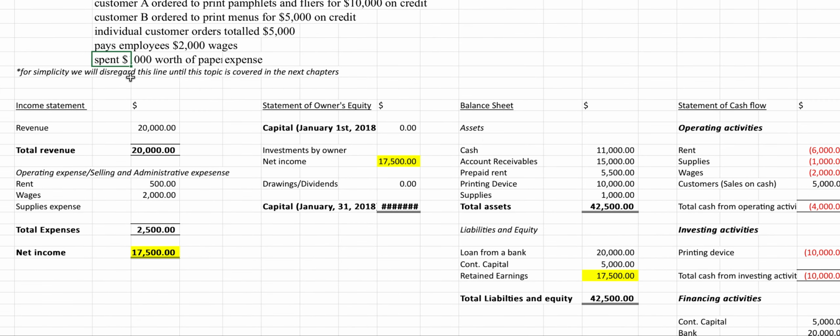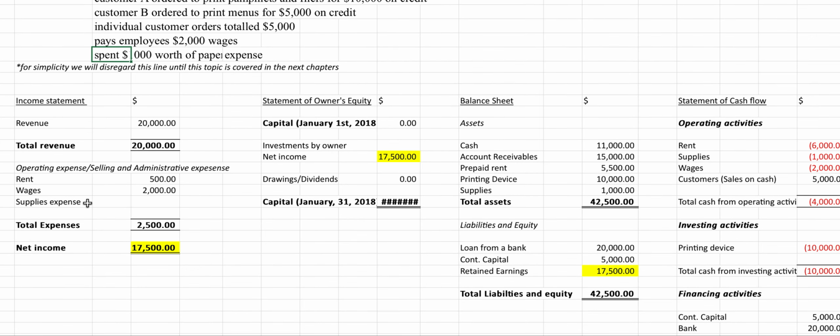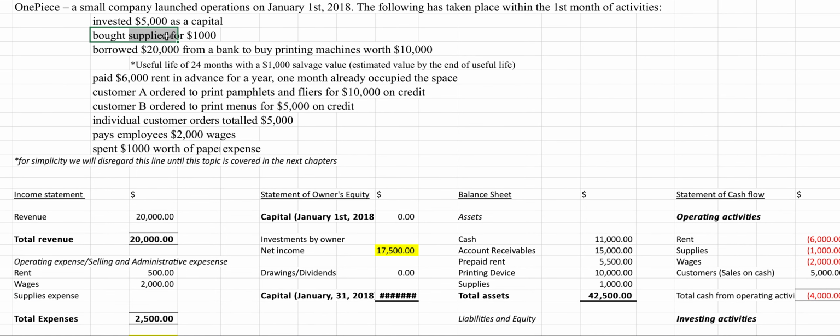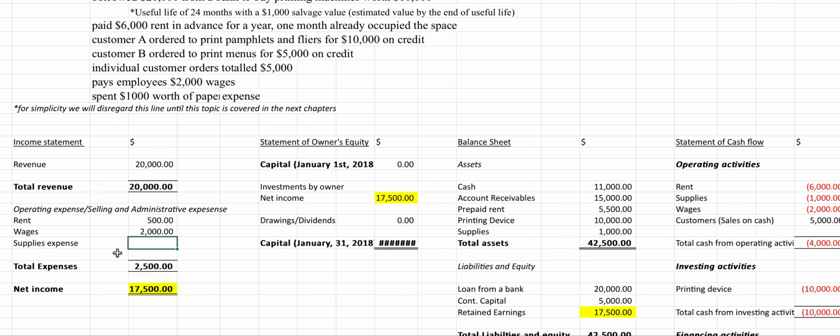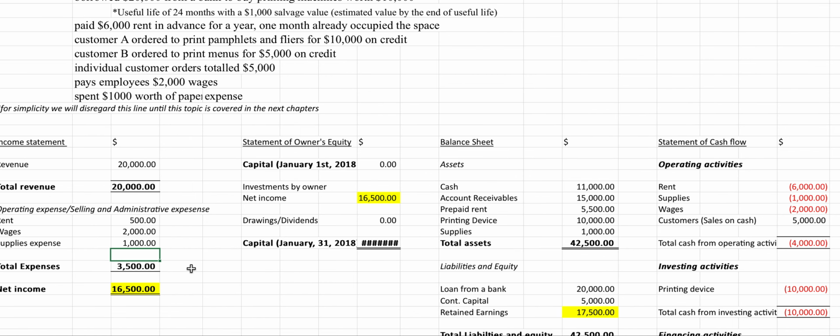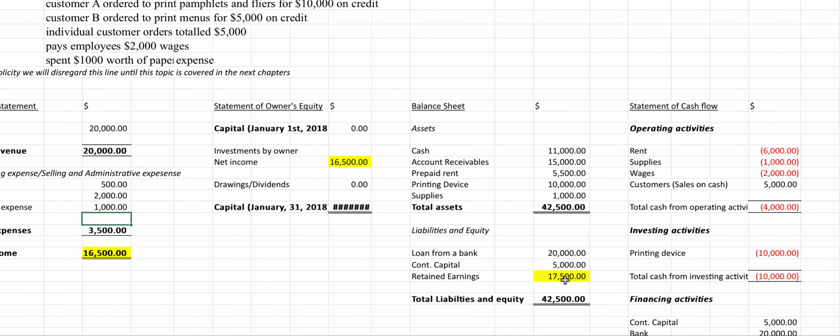Next, we have spent $1,000 worth of paper expense. So we had the supplies expense in this case. I have different names, but it's exactly the same. We bought supplies of paper in this transaction right here, and then we spent them. Spending them means using them or expensing them. So the $1,000 will be expensed in the income statement, which is going to decrease our equity by 1,000.